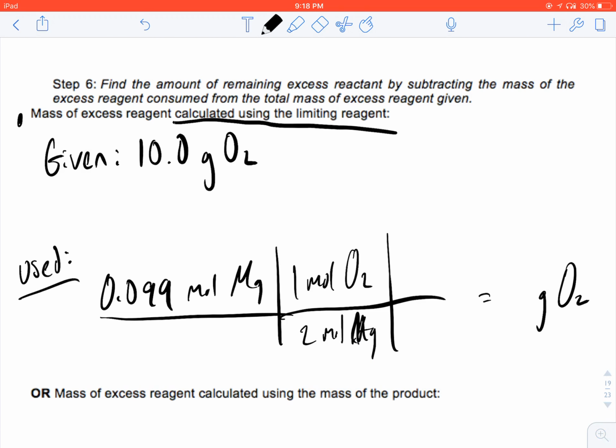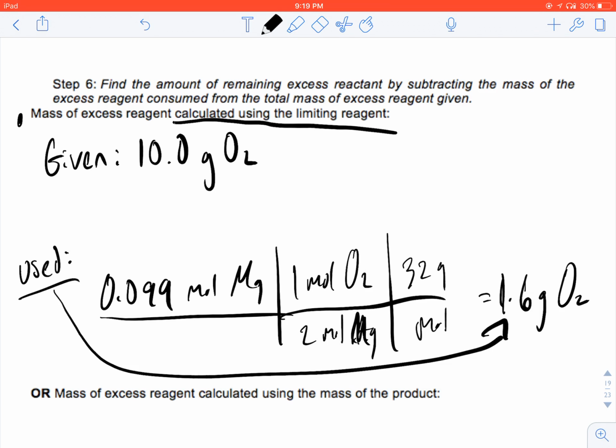And then we need to multiply by the molar mass of O2, which is 32 grams per mole. So, doing the math, 0.099 divided by 2 times 32 gives us 1.6 grams of O2. This is how much is used.